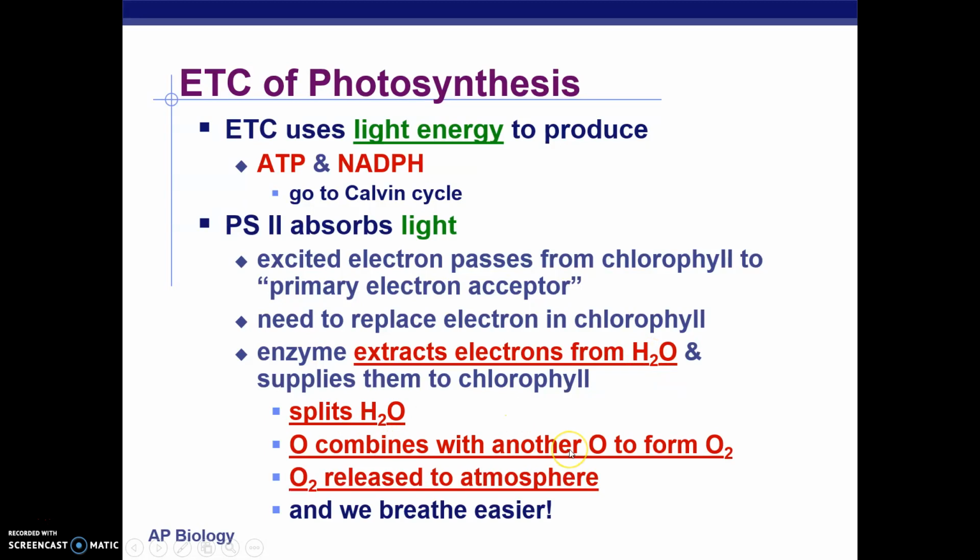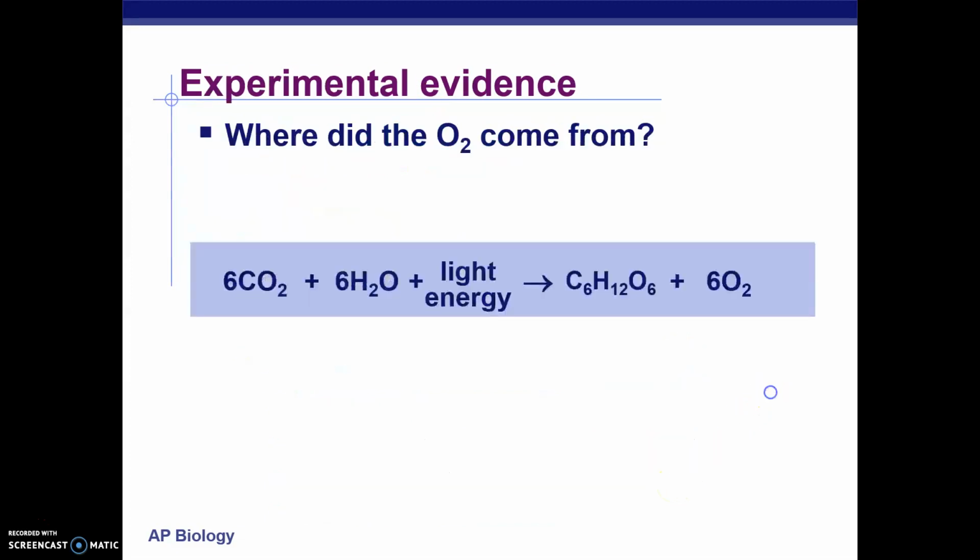Oxygen combines with another oxygen to form oxygen gas, which diffuses out from the thylakoid, outside the cell and eventually out the stoma into the atmosphere, and that is the very same oxygen that we breathe.